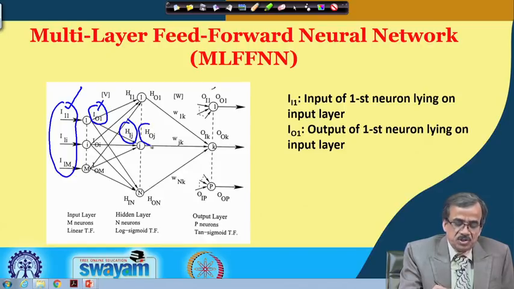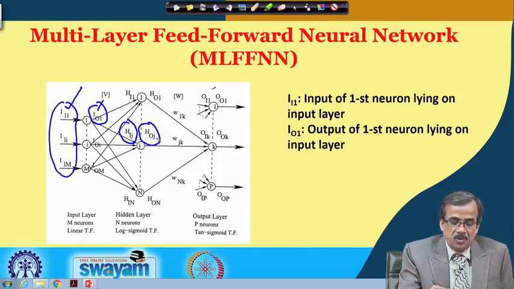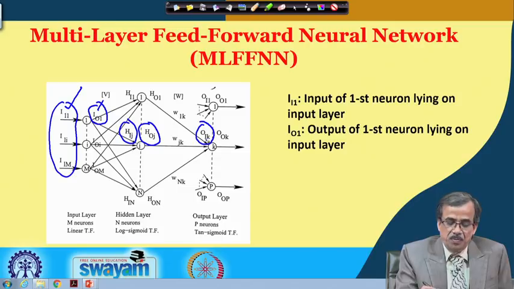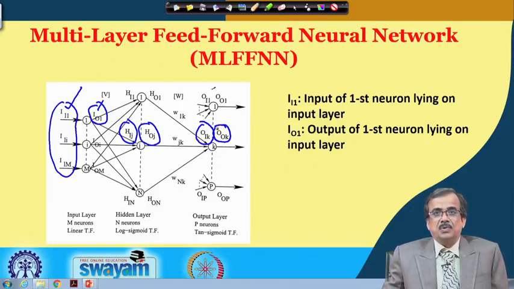HOj is the output of the jth neuron lying on the hidden layer, and Oik is the input of the kth neuron lying on the output layer, and Ook is the output of the kth neuron lying on the output layer.